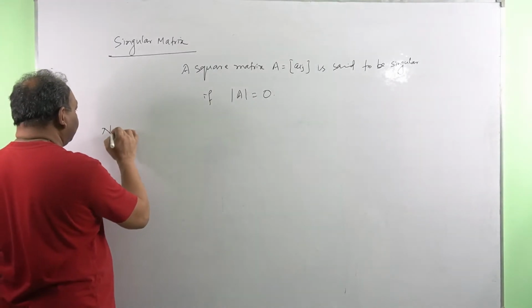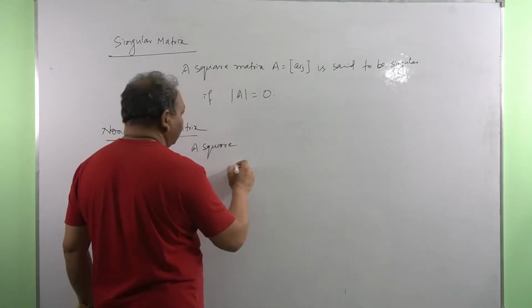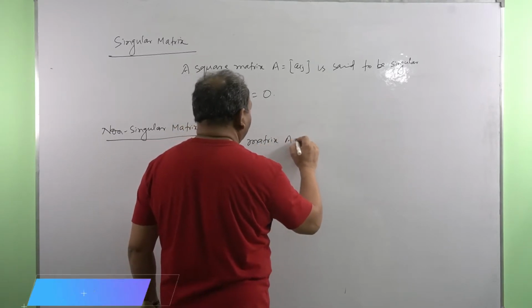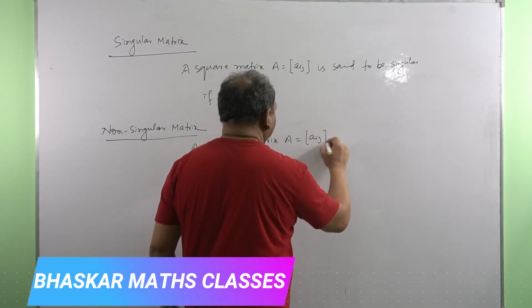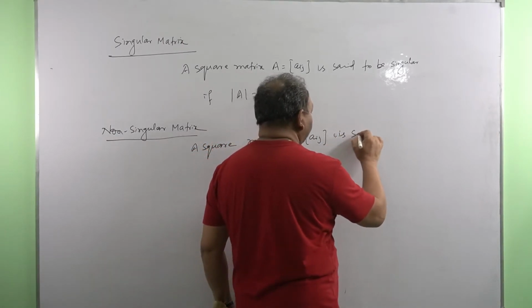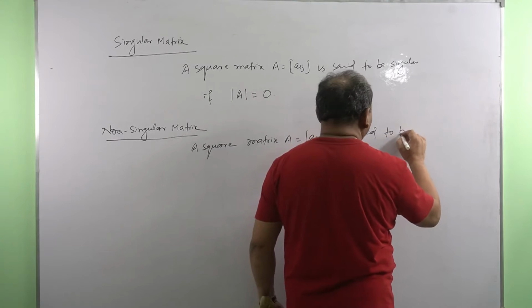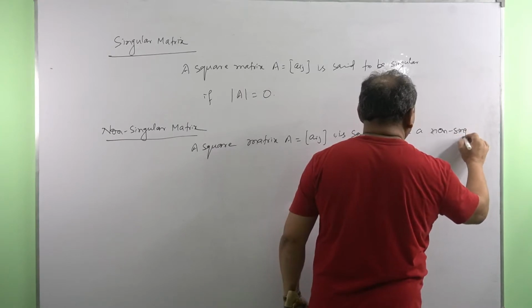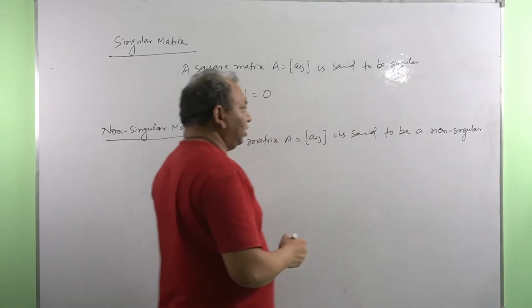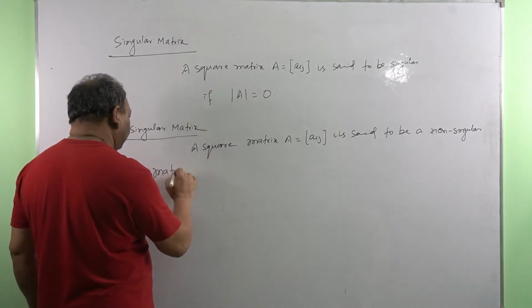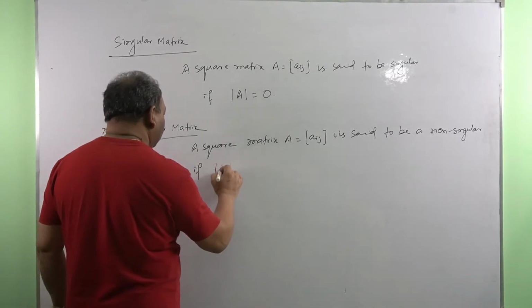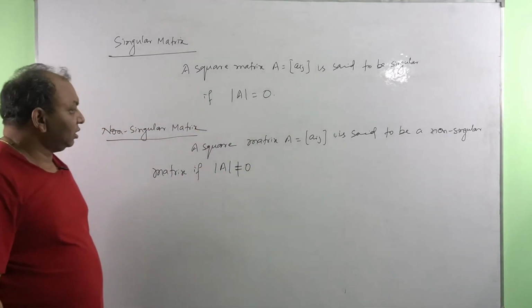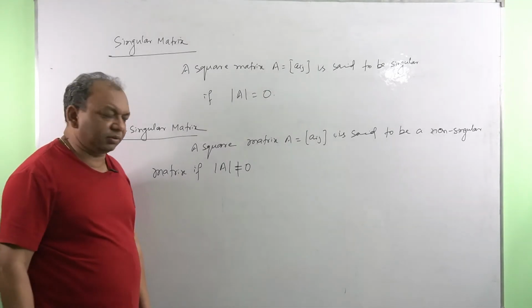So a square matrix A is said to be a non-singular matrix if the determinant of A is not equal to 0. If the matrix is non-singular, then the inverse of the matrix exists.